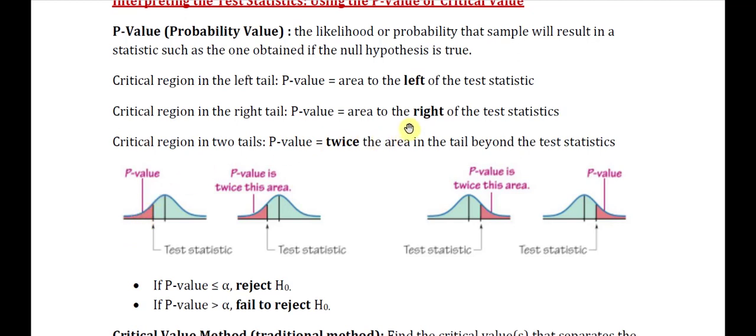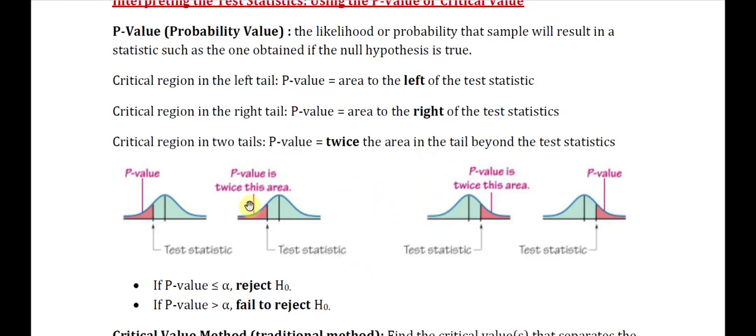And then for the right tail, the p-value is just the area to the right of the test statistic. And for the 2 tails, we take twice the area in the tail beyond the test statistic. So I take this area and multiply by 2 because there are 2 tails. They are symmetrical for the z statistic.